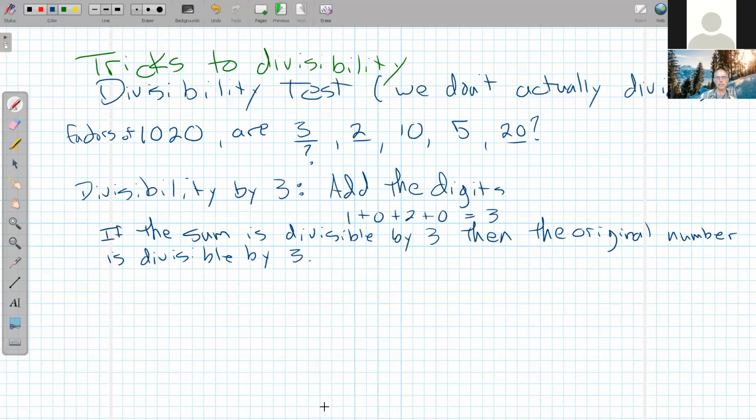All right, so let's see. There was a claim that 1020 is divisible by 20. So I'm familiar with the reason for 2 and 10 and 5, but I don't know if 20 is as common a reason. So why would 1020 be divisible by 20?